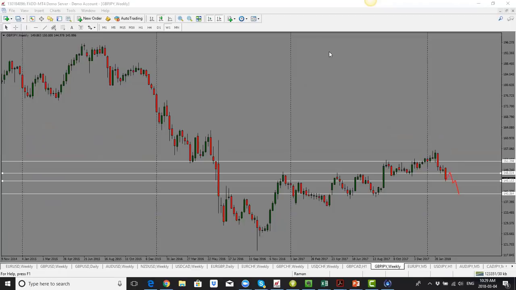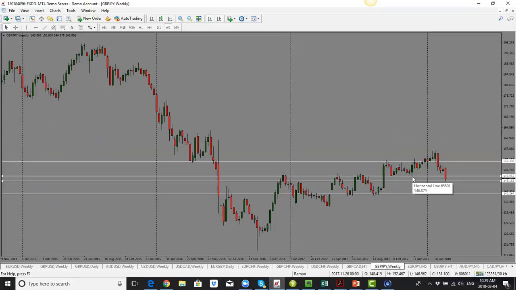So just keep that in mind, and I would just be waiting to see how price reacts here. So the pullback could either come into this 148 level or even 147.00 level, the pin right here, because that's a strong support resistance level as well. So we could just get a shallower pullback and then a drop, so like that. So keep that in mind.